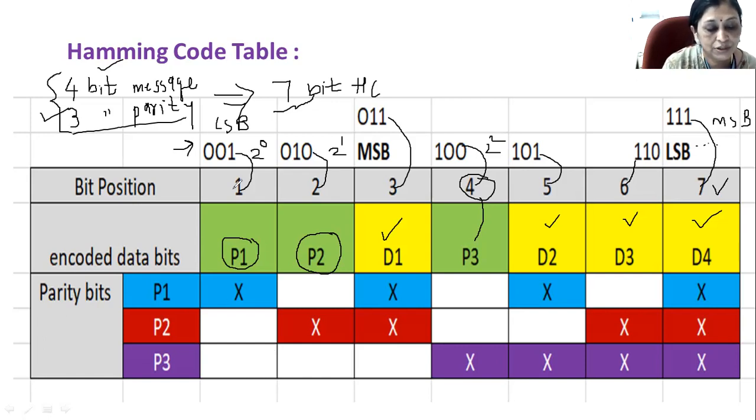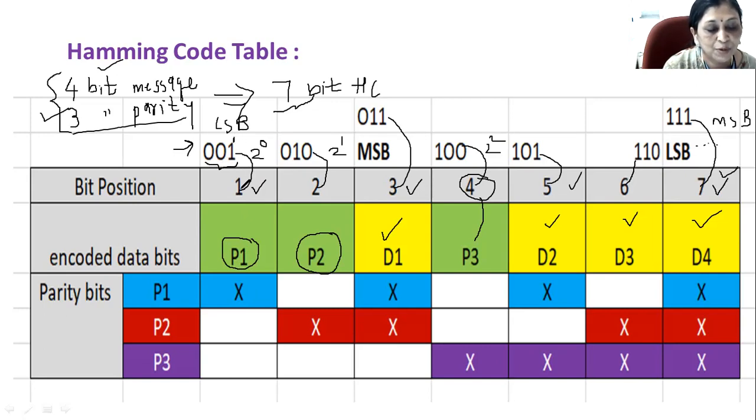In order to assign the parity bit P1, we have to check parity for bit number 1, bit number 3, bit number 5 and bit number 7. So how did we find it out? We found it out by this binary equivalent. You have to see the binary numbers where the LSB position is 1.